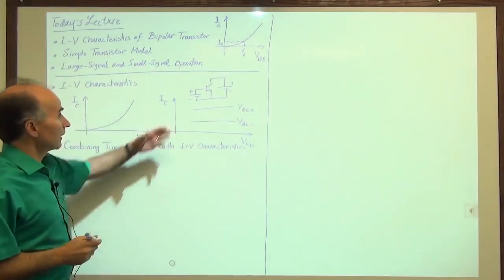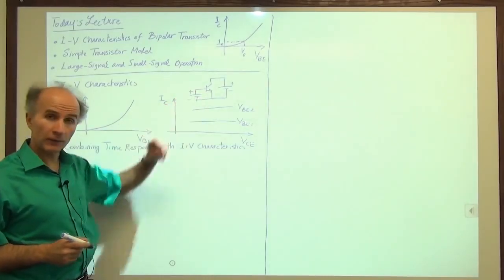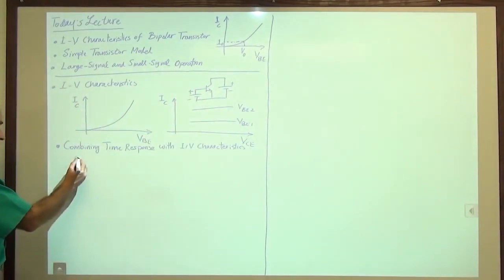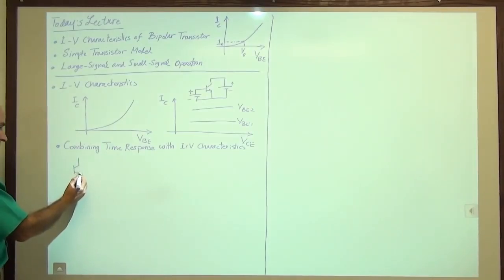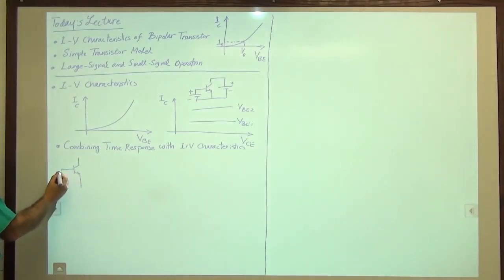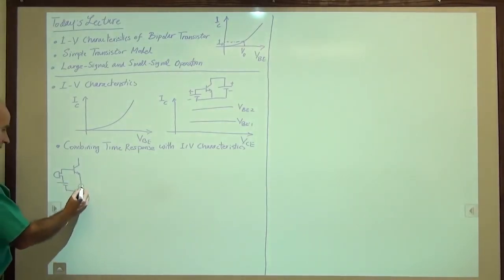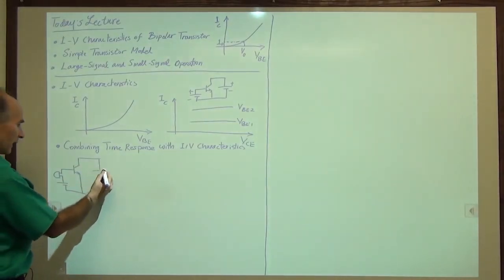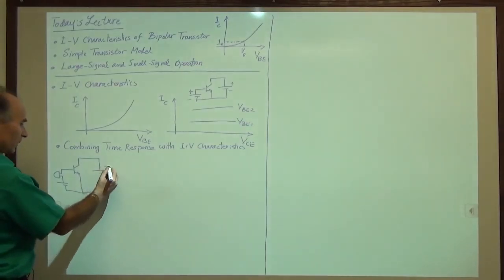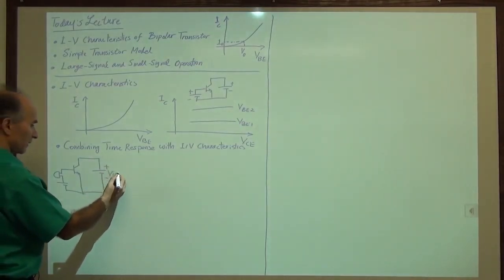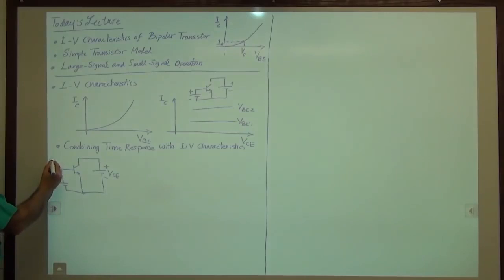Well, we saw in our examples when we had a microphone here that the microphone creates a certain change in the base emitter voltage. So here's what we have as an example. We have a VCE here. We have our microphone signal here. And then we have another voltage here, which we might call V1 or V0 or something.